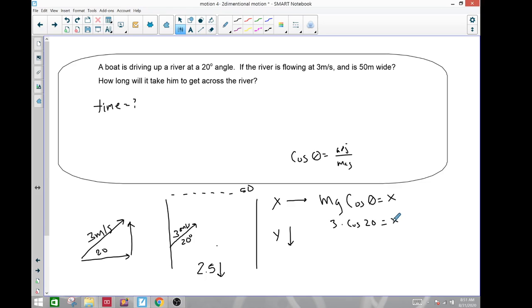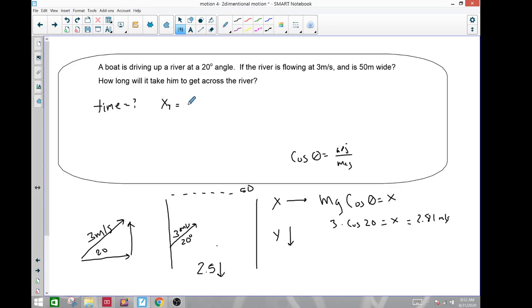I only need my x component to find the time it takes to get across the river. 3 times the cosine of 20 gives 2.81 meters per second.